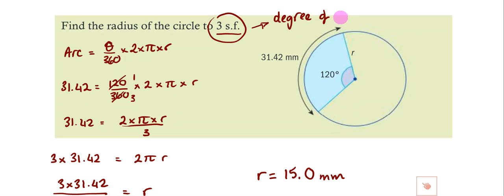That's the degree of accuracy that you've been asked for, right? So the degree of accuracy has been 3 significant figures. Writing 15.0 might seem a bit pointless, but it tells me that it is 15 millimeters accurate to 1/10 of a millimeter. So it really is 15 millimeters. It's not 15 and a bit millimeters, it is 15 millimeters. So it tells us something about the accuracy with which we've given it.